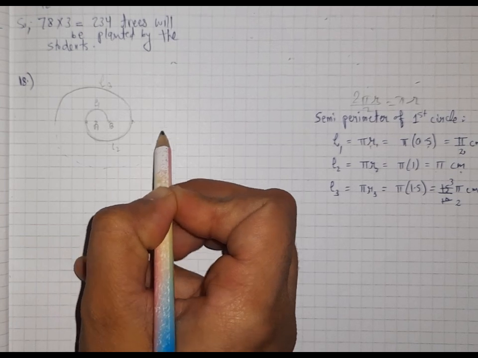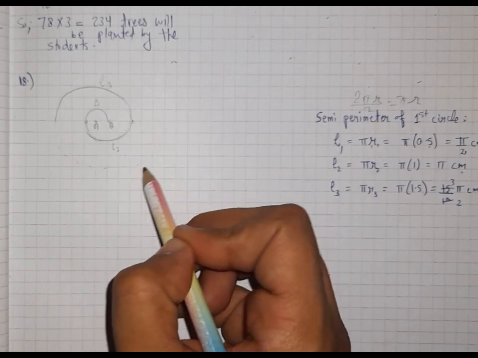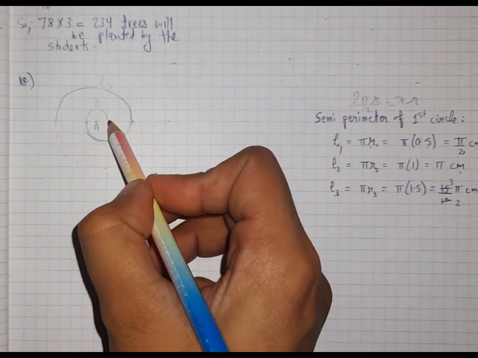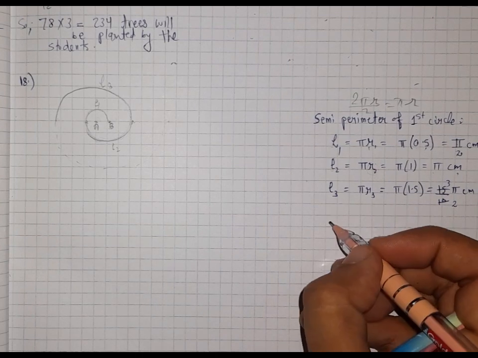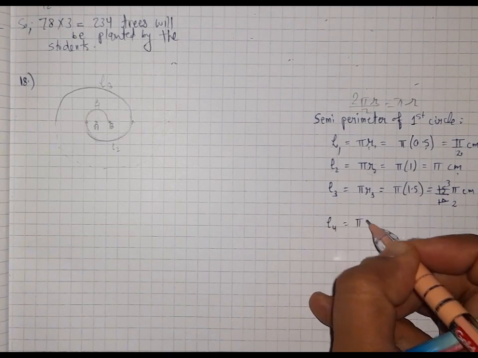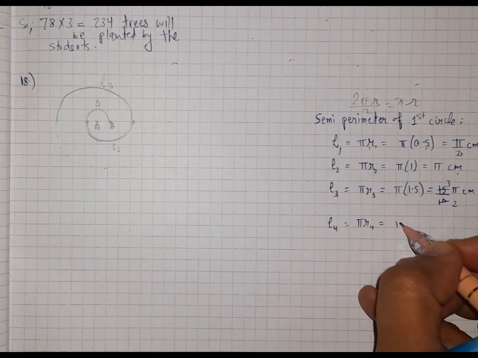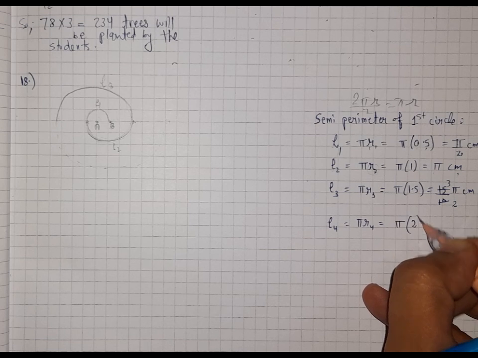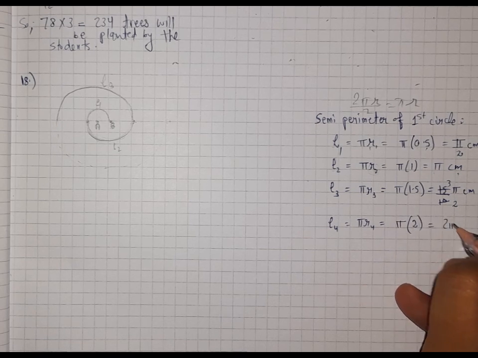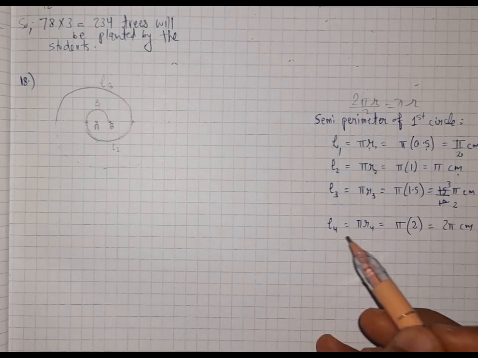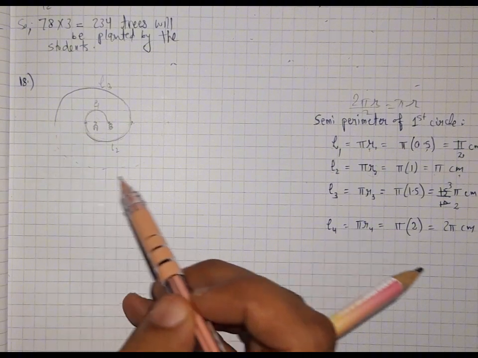Next, this is a semicircle with center at B and radius equal to 2 centimeter. So 2 pi centimeter is the semi-perimeter of the fourth semicircle.